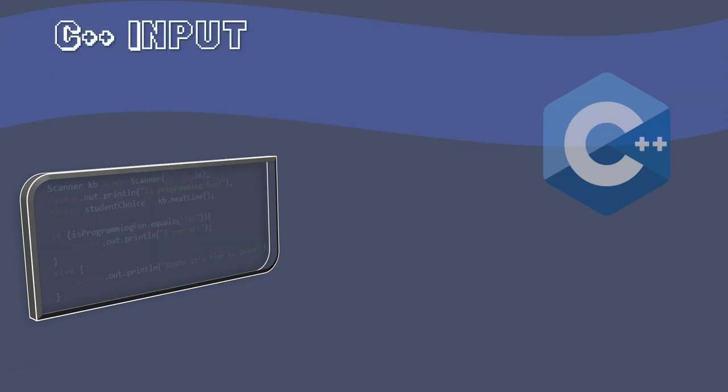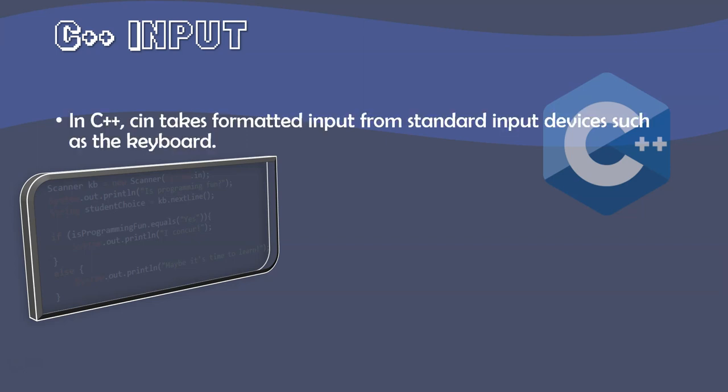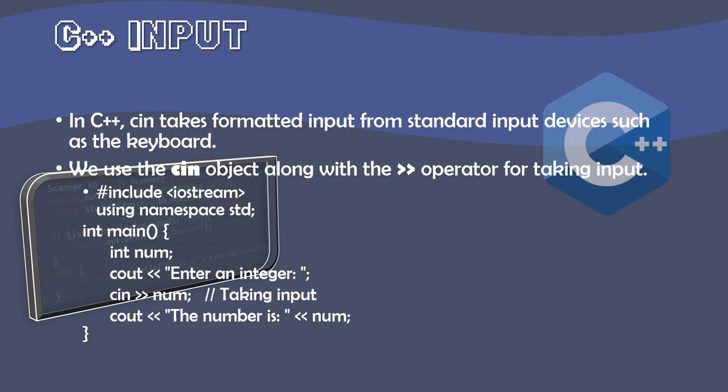Now, what about some input? So that gives us some basic things for output to work with. With input, C++ uses the cin command, which takes formatted input from devices such as the keyboard. If we look at how the cin command works, notice we have right-facing brackets now, because we're passing input into the computer, so they're pointing in.